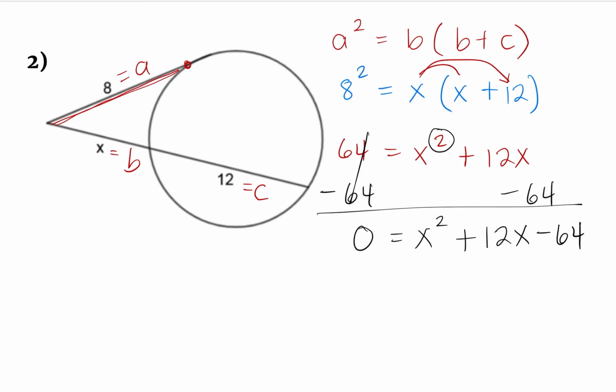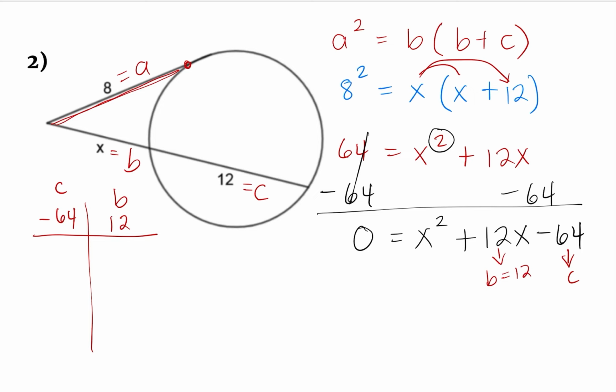So now that we have the equation on one side of the problem, we are going to find factors. So our c value is negative 64, and our b value in the trinomial is 12. So we're going to find factors of negative 64 that when added would give us positive 12.